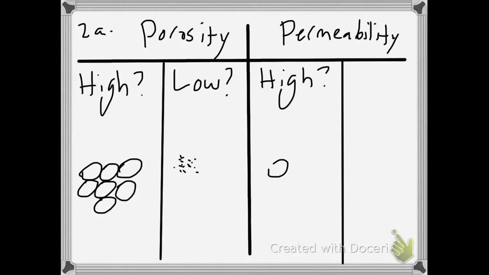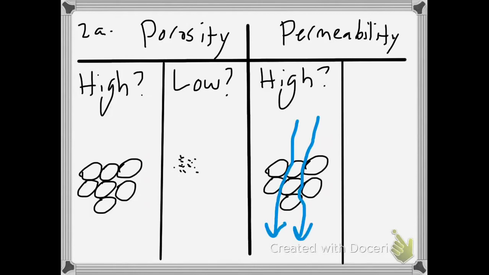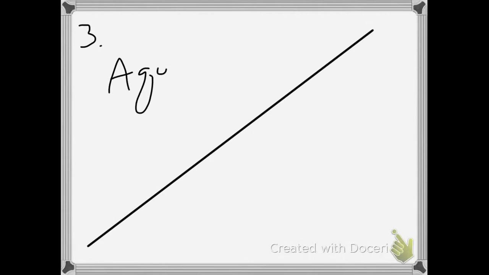Well, it means that water, back with the high porosity sediment, can transmit through this material pretty well because it has a high permeability. If a sediment has a low permeability, that means that the water can't transmit through it because probably it has a low porosity. So the water is going to have a tendency to make a big pool at the top.